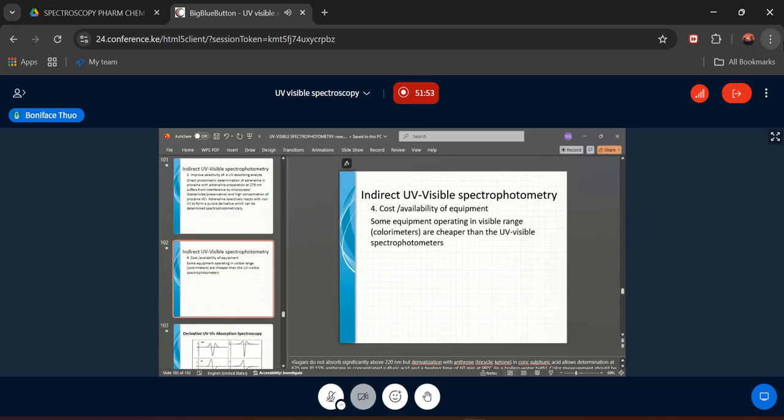So you may find that some labs may not have the more expensive equipment, and they could go the indirect route to be able to analyze some compounds. So cost and availability of equipment could trigger the application of indirect UV visible spectroscopy.